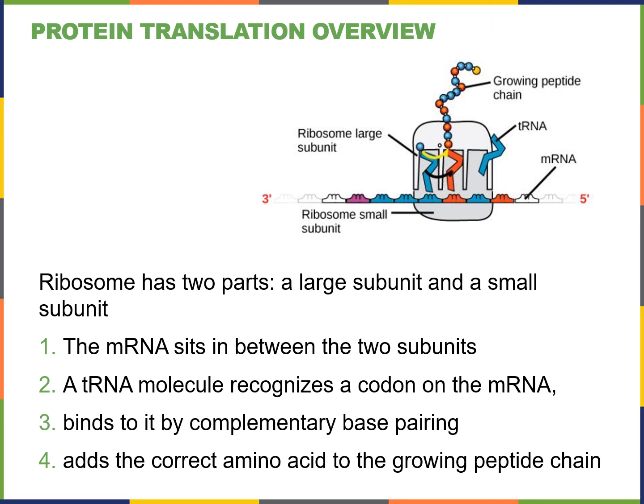The large and small subunits moving along. In comes a new tRNA which corresponds to that codon and brings in another amino acid. That amino acid gets added to the growing polypeptide, and the tRNA gets kicked out.